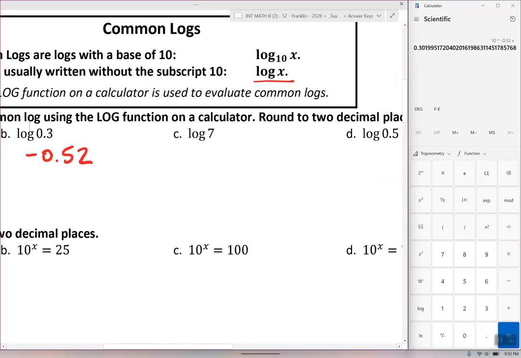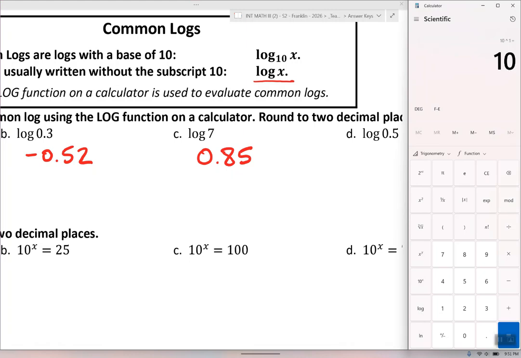Okay, log 7. Just put 7, hit the log button. Whoops. Make sure you clear your calculator first. 7 log, we get 0.85. Now this kind of makes sense. This is almost 1, and 7 is almost 10, right? 10 to the first power would give me 10.